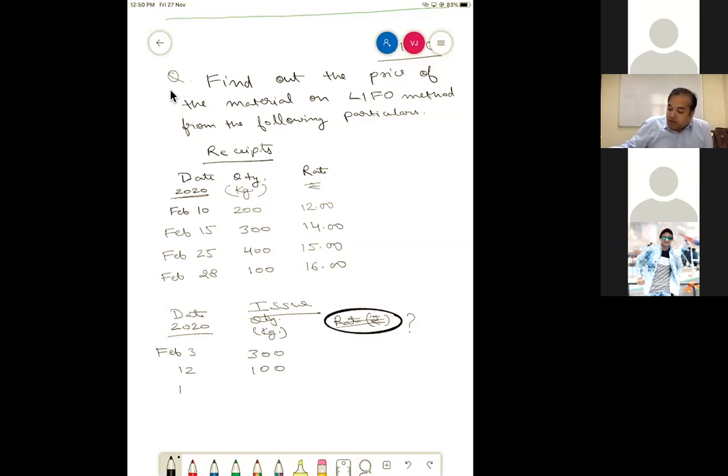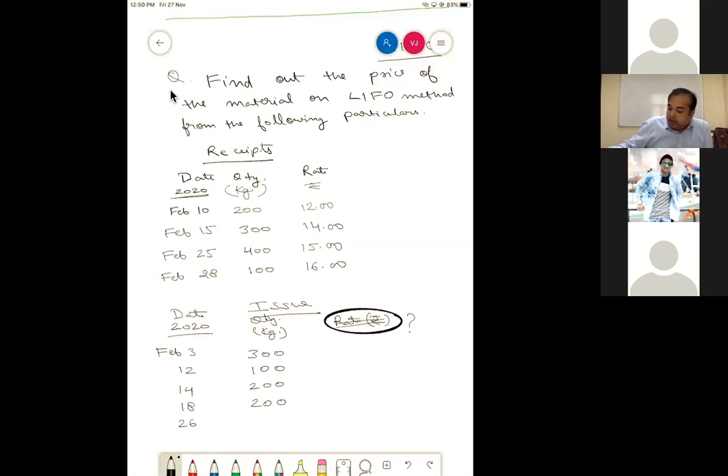Then February 14, 200 kg. Then 18 February, 200 kg. 26 February, 400.